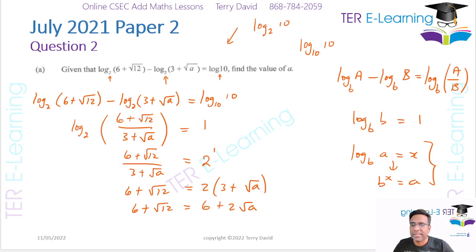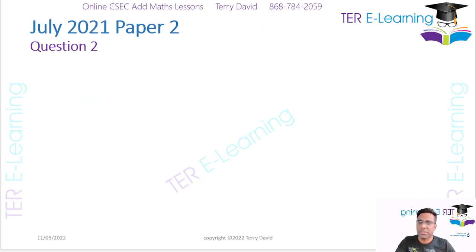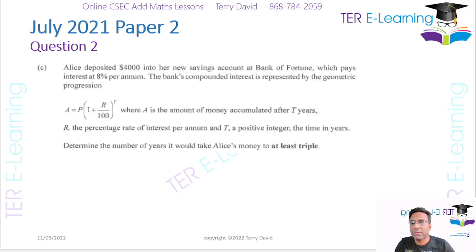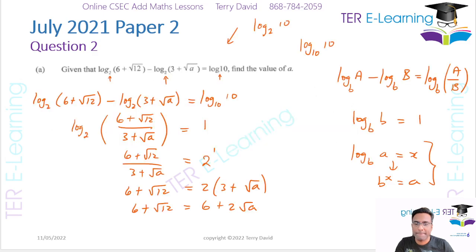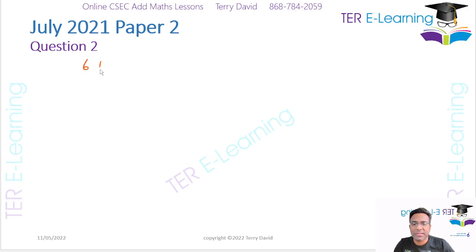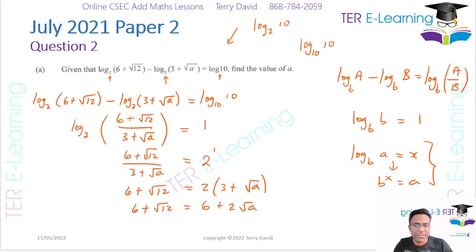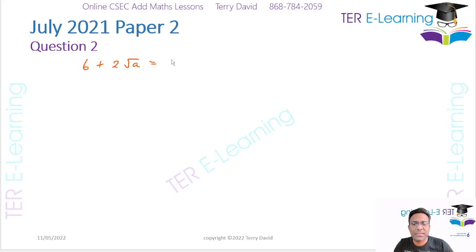Let me just write back what I have. So I have 6 plus 2 root a is equal to 6 plus root 12. At this stage, I can say that 2 root a is equal to root 12.